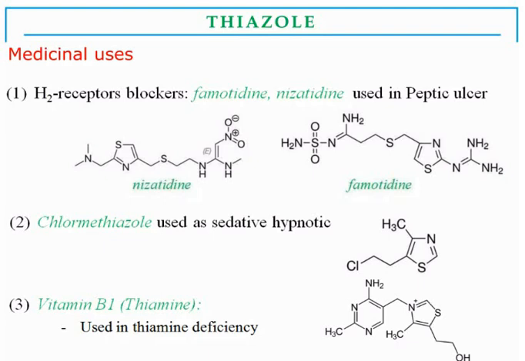Both compounds have a thiazole ring. Chlormethiazole is used as a sedative hypnotic. It also has a thiazole ring. Vitamin B1, which is generally known as thiamine, is used in thiamine deficiency. It also contains a thiazole ring.